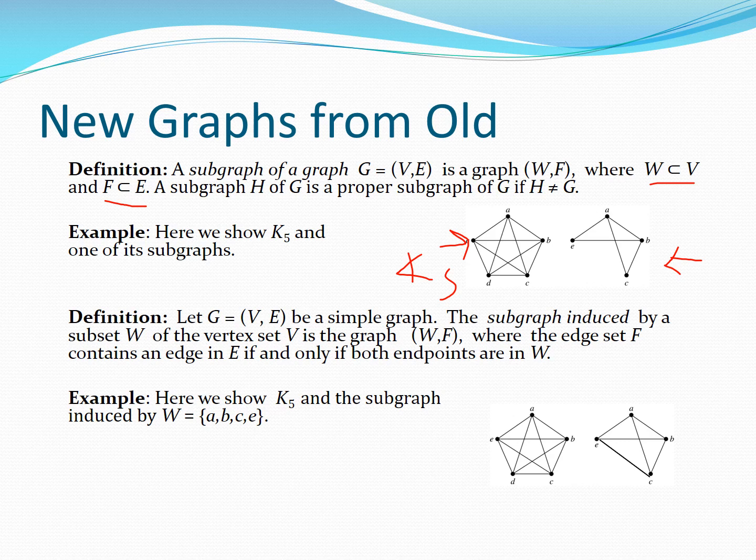The set of vertices in your proper subgraph is a proper subset of all the vertices from your graph G, and the set of edges is also a proper subset of the edges in K5.